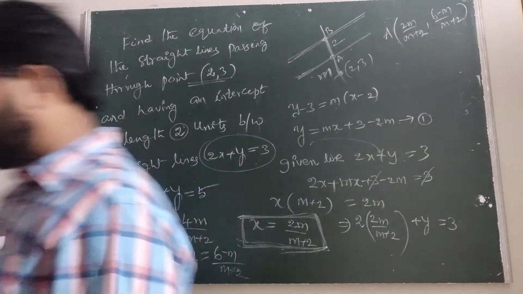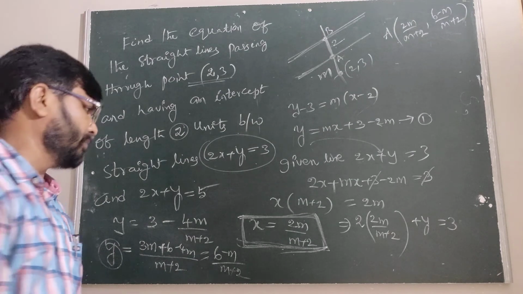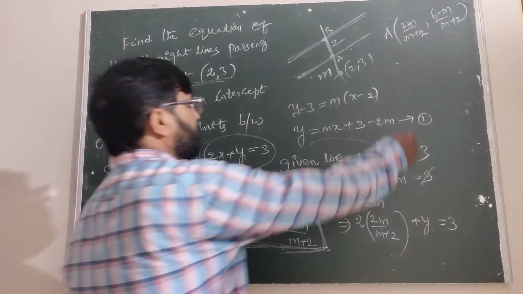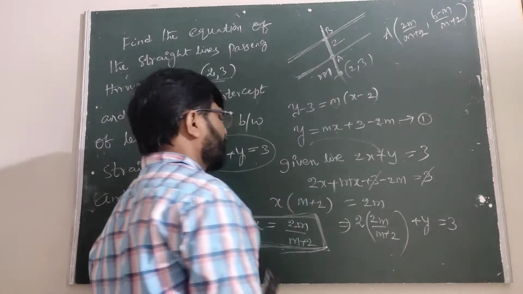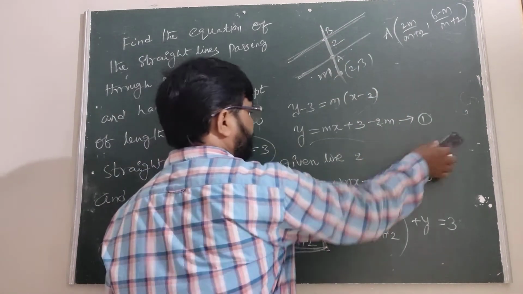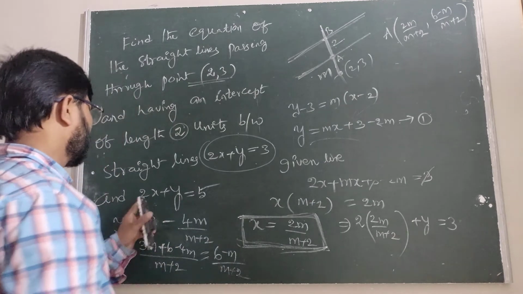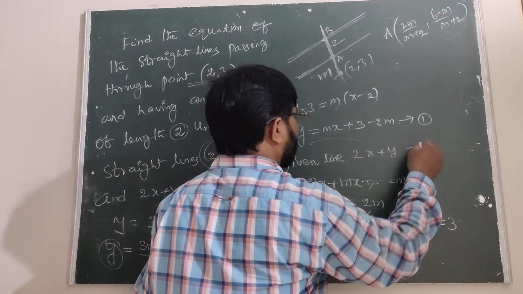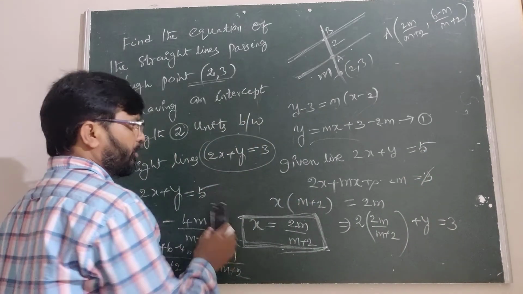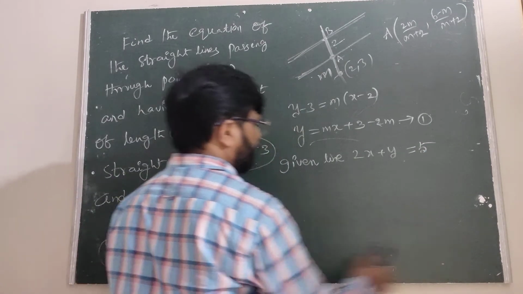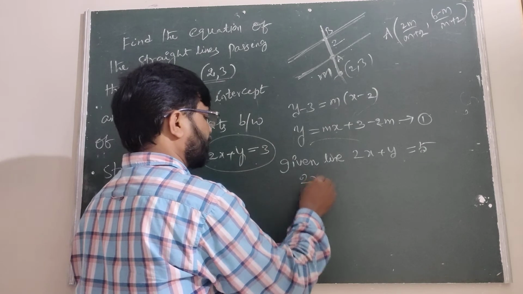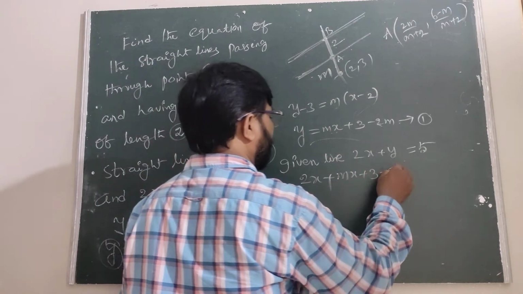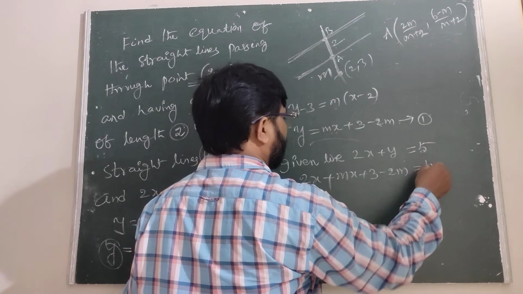Similarly, we have to find the point B. Therefore, how to find the point B? The line also meets the second line. What is the given second line? The second line is 2x plus y equal to 5. Now we can write simply 2x plus y is mx plus 3 minus 2m equal to 5.